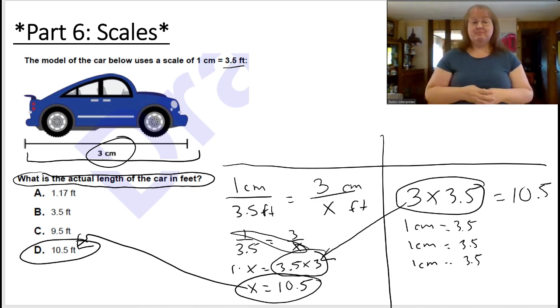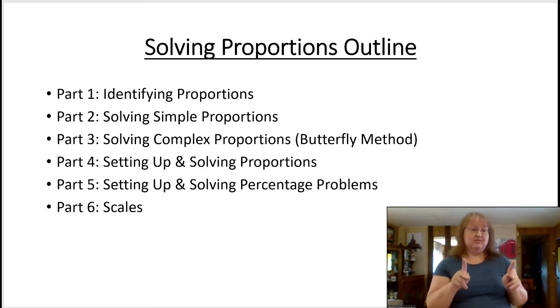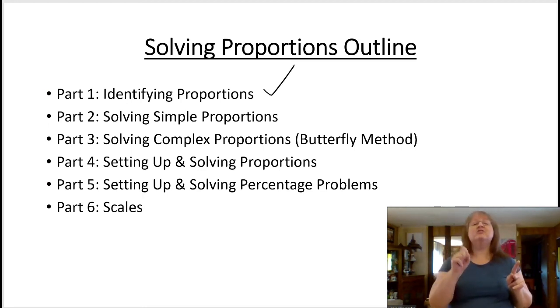So it works. The first thing we did was identify proportions. I gave you 2 fractions. You had to simplify them to see if they were equivalent in value. Putting it in its simplest form makes it easier to identify.